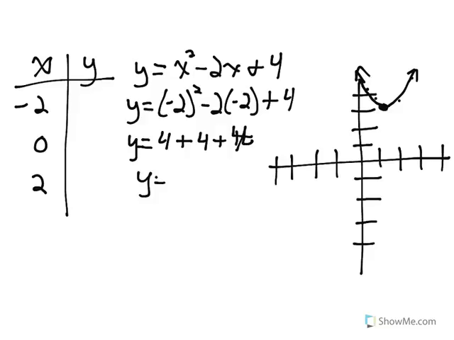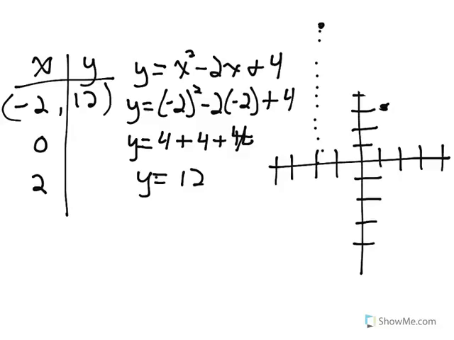So y equals 12. And we can plot that coordinate. Now that's going to be off my graph a little bit. So let's move that over. So I know that the point negative 2, 12 will be someplace way up on top.